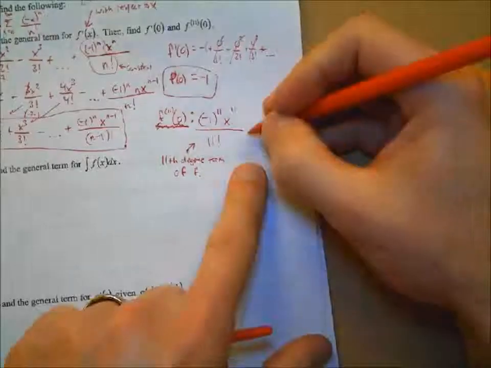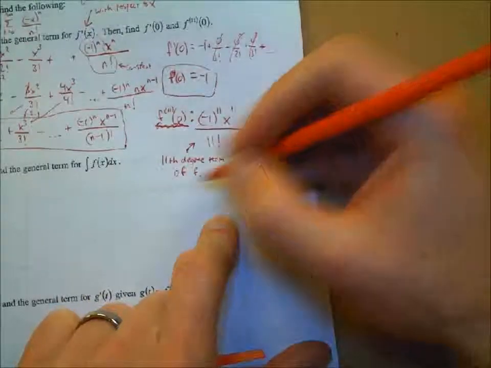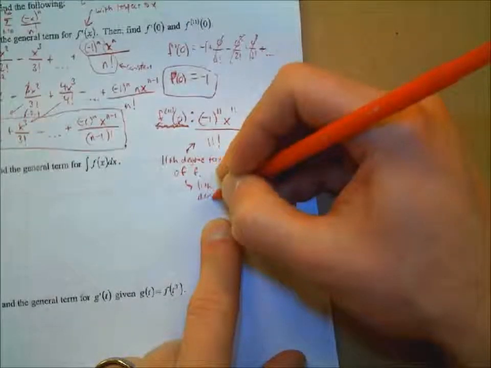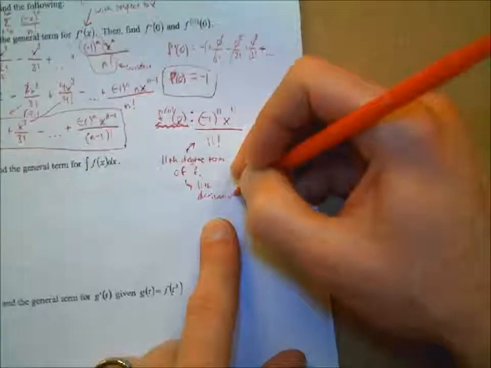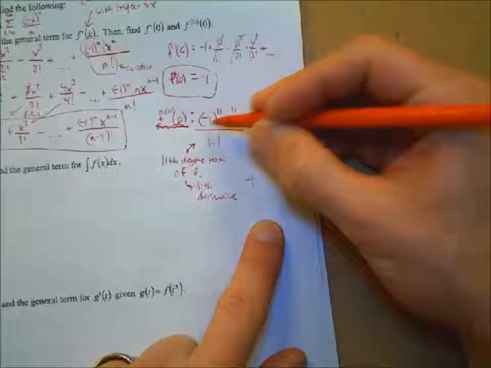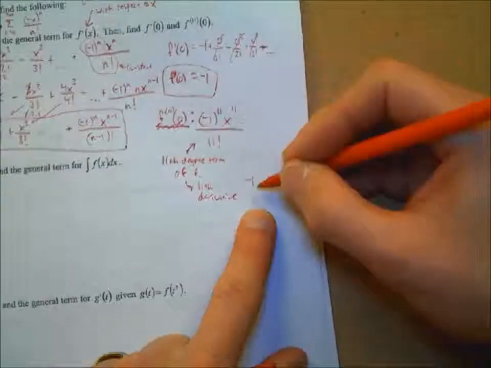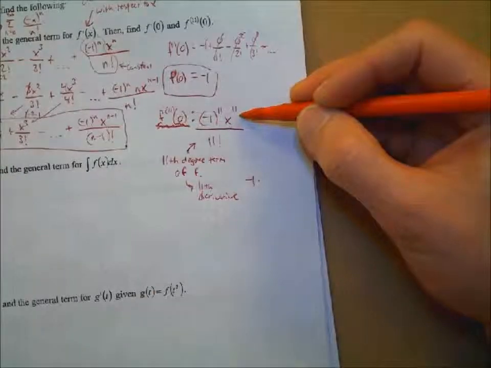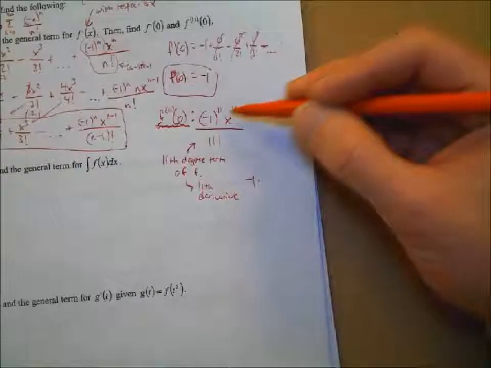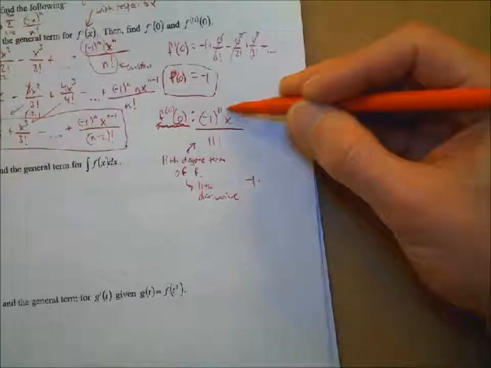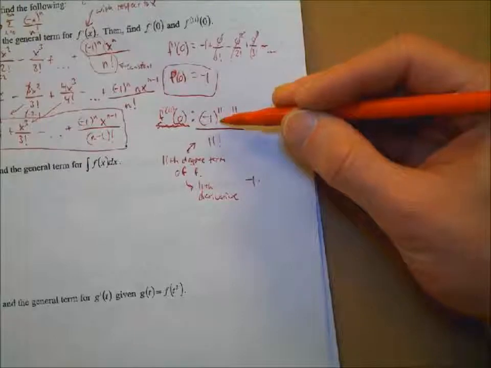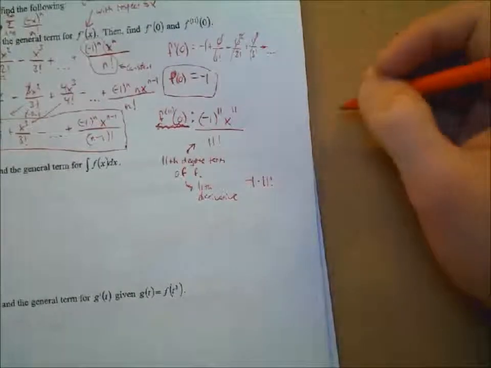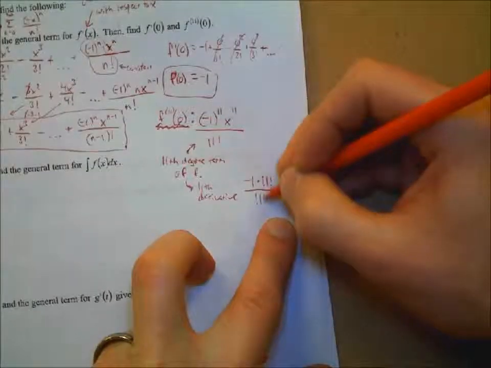So what's it going to look like? The 11th derivative will look like this. What's negative 1 to the 11th? Negative 1, times x to the 11th. If I'm going to take the 11th derivative, the 11 goes out front, so it'll be 11 x to the 10th, then 10 times 11 x to the 9th, then 10 times 11 times 9 x to the 8th, and so on, and it's eventually going to go down to 11 factorial over also 11 factorial from the denominator.